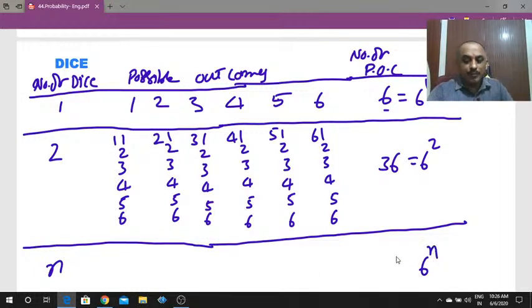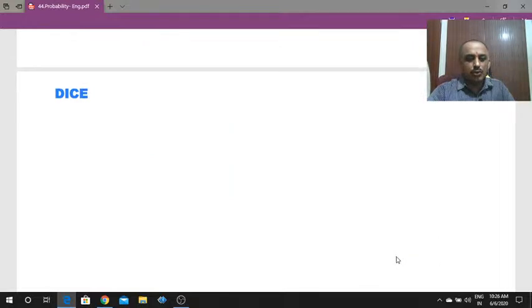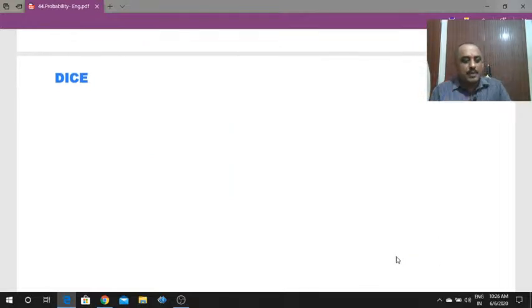Tell me, if a person throws 3 dice, how many possible outcomes are there? 6 cubed. What is 6 cubed? 216. 6 cubed is equal to 216. Okay, now the next one.